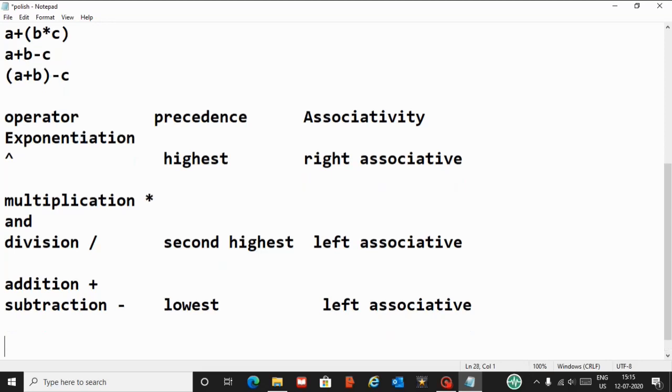So you have made a note, hopefully. Now we'll solve a few examples. Consider the following infix expressions and convert them into prefix form.